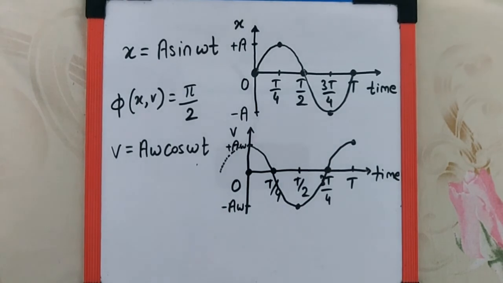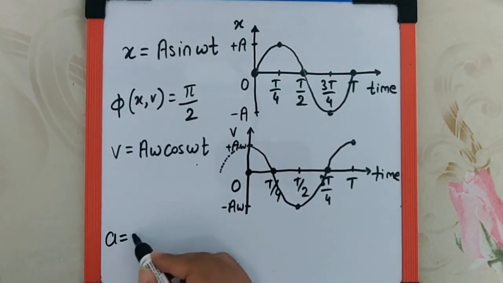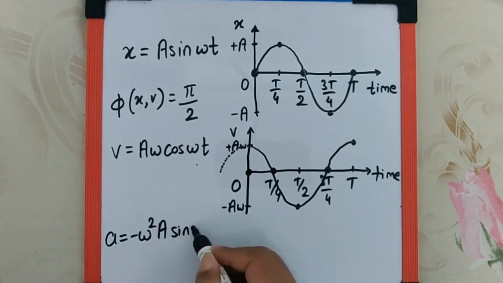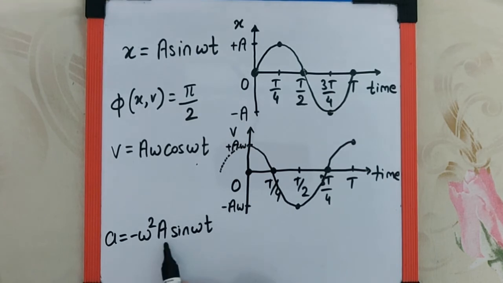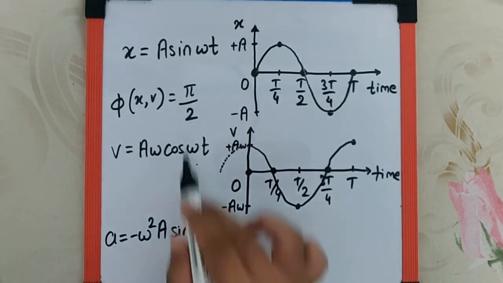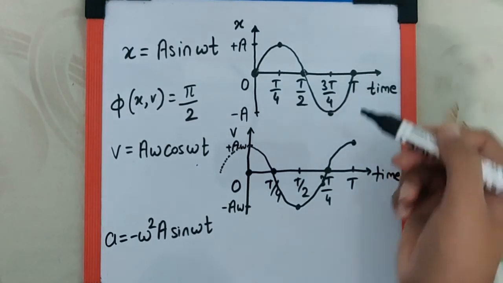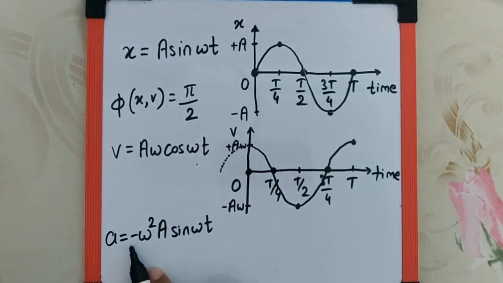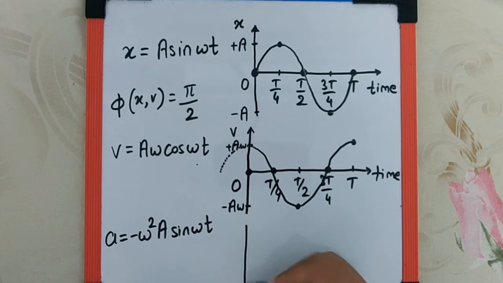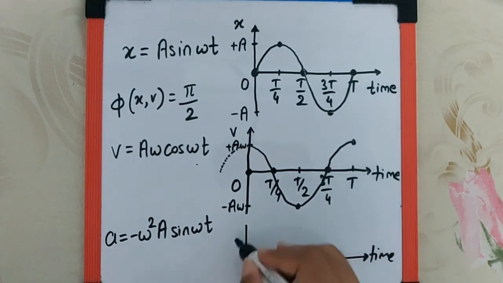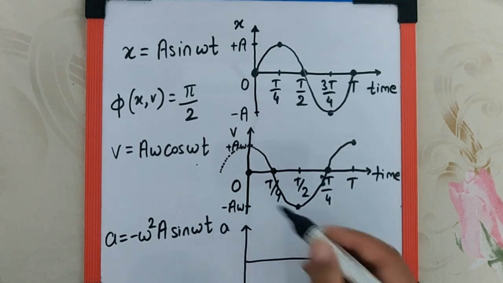Now similarly, if we try it for acceleration, the graph or the equation first of all is omega square a sine omega t. So as you can see, it is the same equation, a sine omega t. So the graph will be exactly the same. The only thing is there is a minus sign involved, which means the graph will practically look exactly opposite of it.